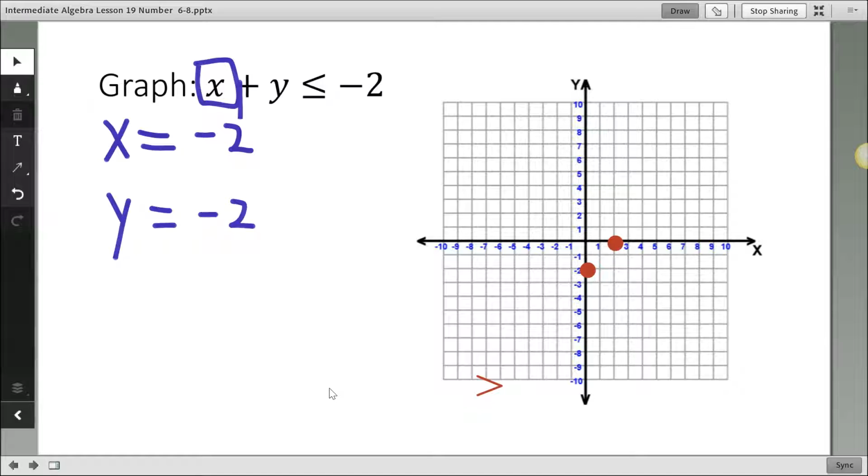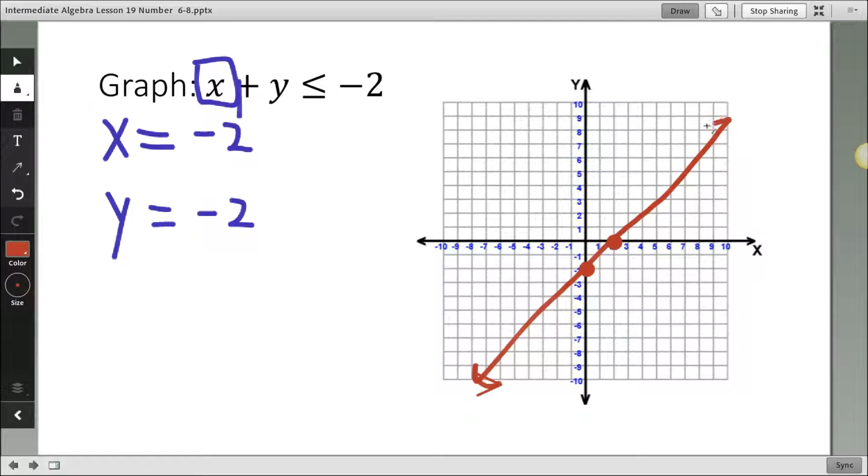I'll try to do it freehand with my hand. This is the one downfall of doing this method is you don't get a lot of points to draw your line, but again, this is a sketch. It's not 100%. So there's your line. So as long as I've got those two x and y intercepts plotted, I'm going to give you credit because I know what technique you were trying to do.